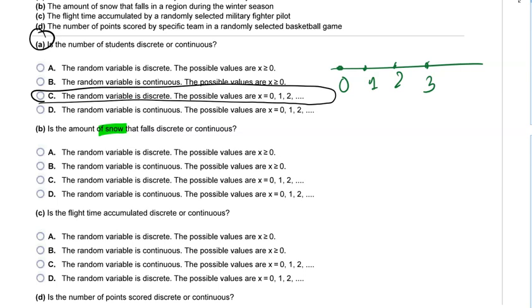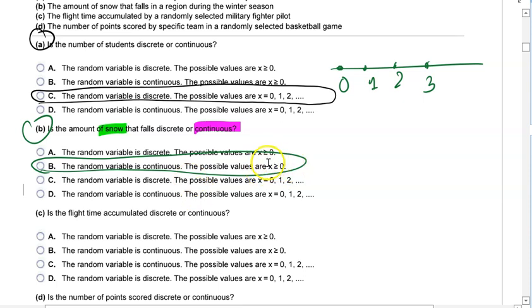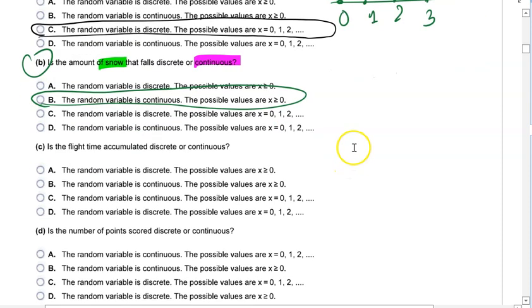We measure snow in the inches, correct? Therefore, if you measure snow in the inches, inches is the height or length unit. Okay, and in this case the random variable is continuous because the possible value of the inch is going to be x is greater than or equals to 0, because there could be 0 inches snow, right? Therefore this is the continuous variable.